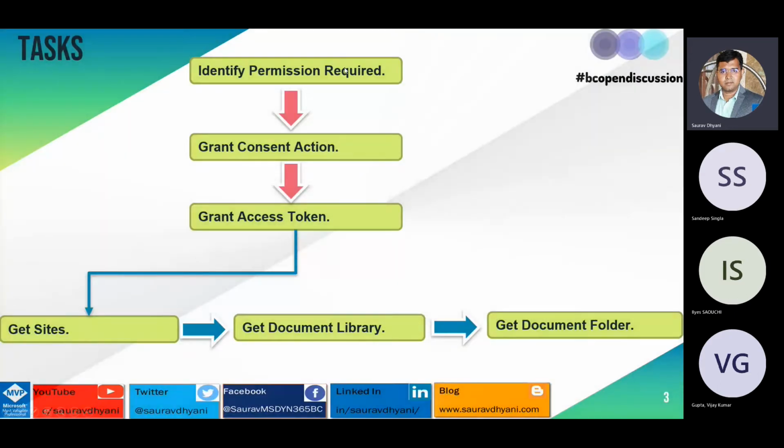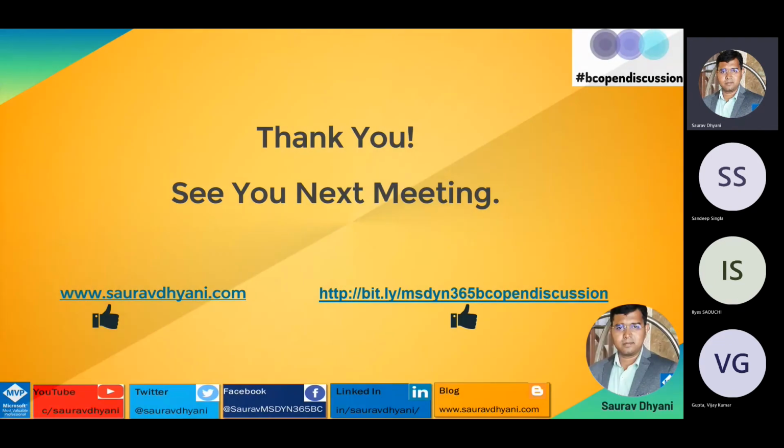We try to identify the permission as we go through, then we give a grant and consent action for this. Then we get the access token, and then we get the sites. Then we'll get the document library and document folder, and at the end of that, we will know how to upload those files into SharePoint directly.